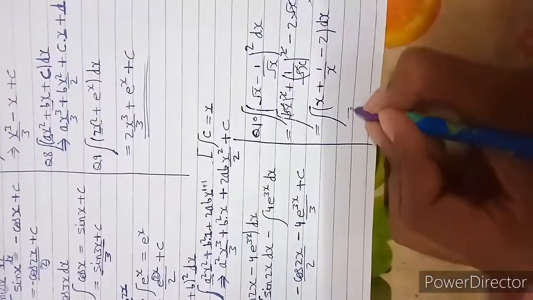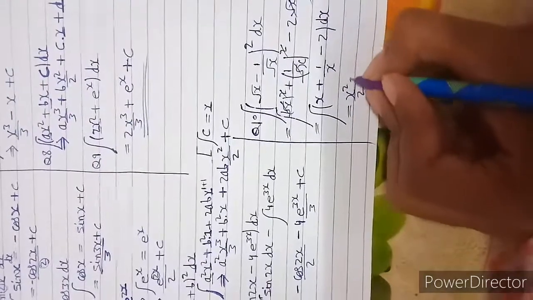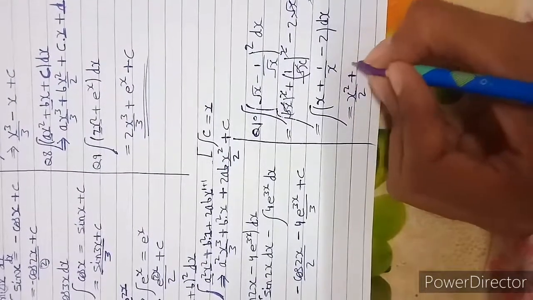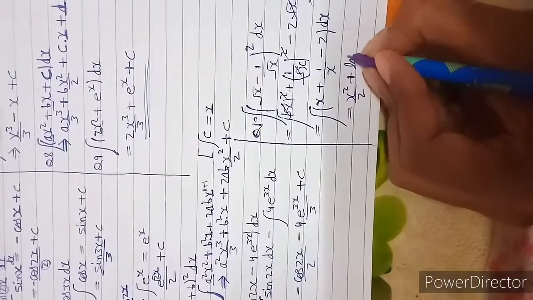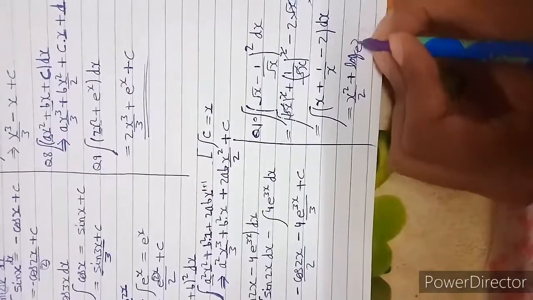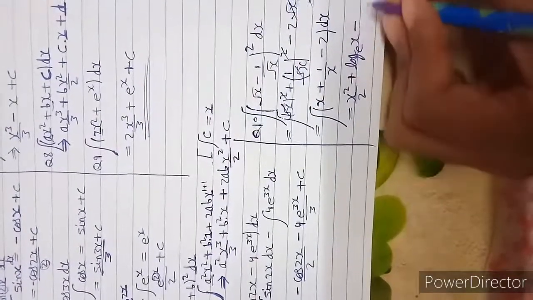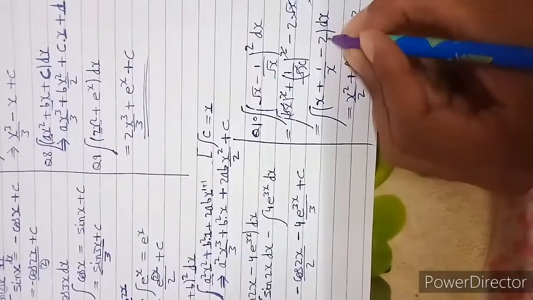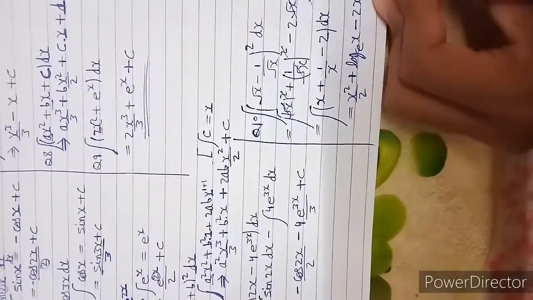So integration of x is x square by 2 plus integration of 1 by x. So integration of 1 by x is log x. Now minus 2 is a constant, so x will also come, plus c.